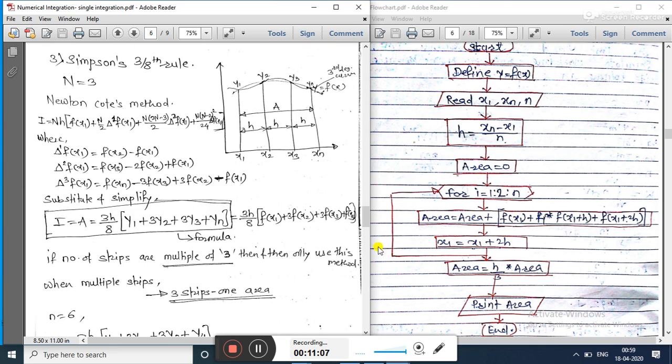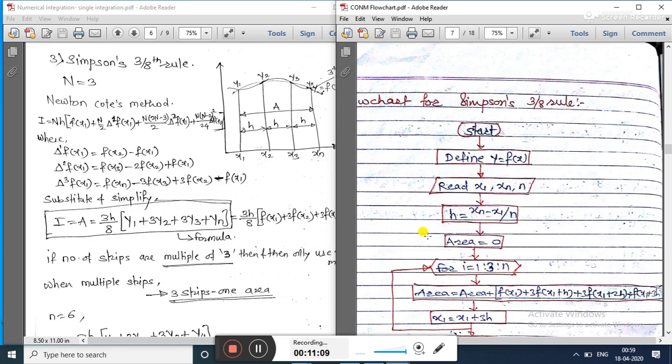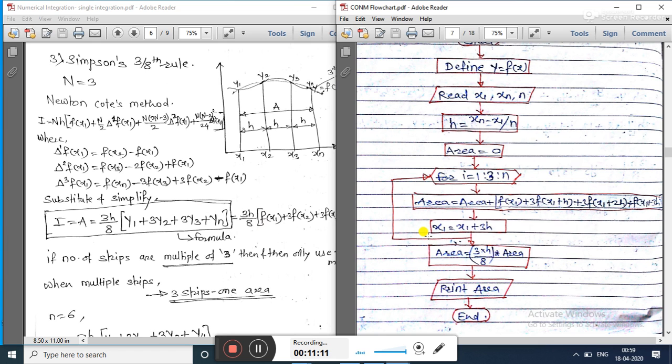In Simpson's 3 by 8 rule, again the same, area calculation will be different, that is the formula is different. 3 strips 1 area, 3 strips 1 area, so i will be increased by 3.